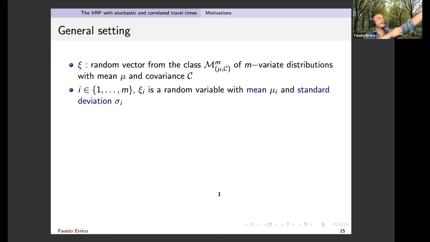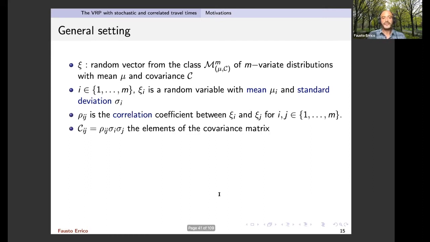Okay, so what is our general setting? Of course, one can model correlation in several ways. What is our modeling choice here? We assume that we have a random vector, and that for each component of the random vector we know its mean and standard deviation, and we assume that we are also given a covariance matrix.